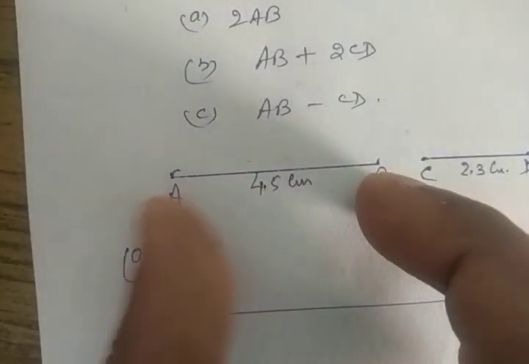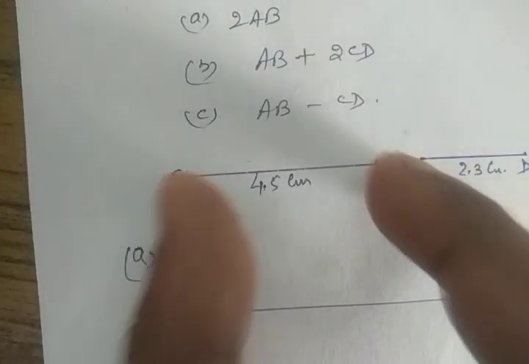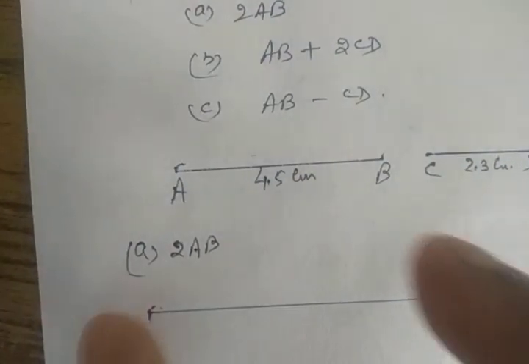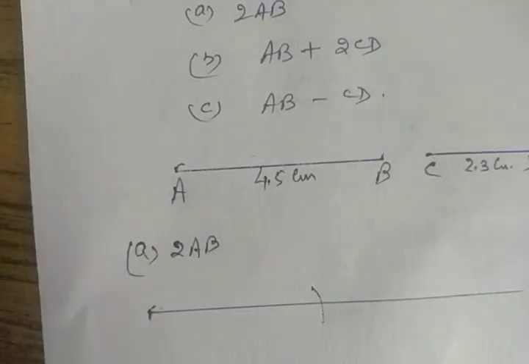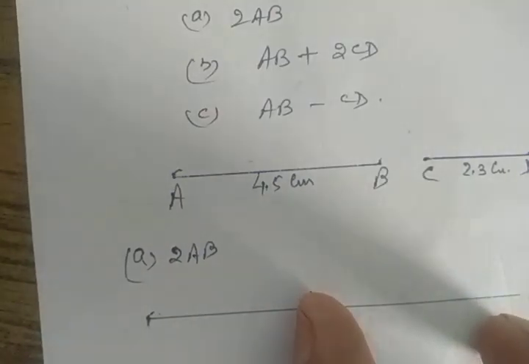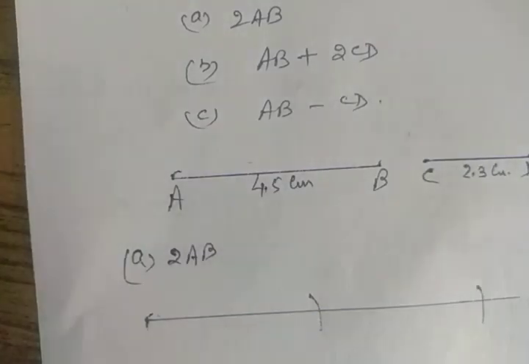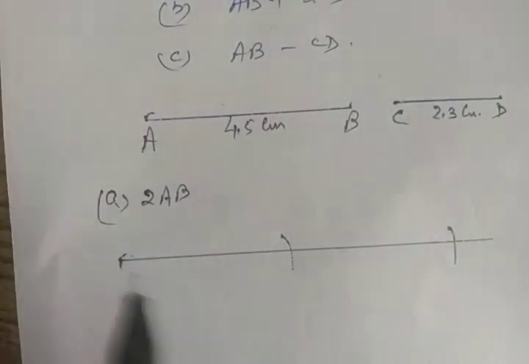Using your compass, measure this AB. Now put it at the first point and draw an arc, so that I have drawn one arc. Okay. Once again from this same AB you now draw the second, so we have drawn the second one. Is it clear? So it represents 2AB.